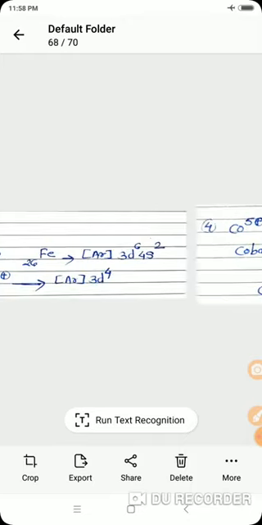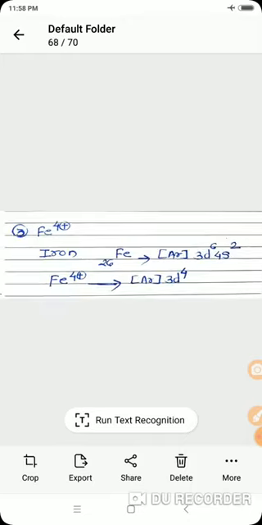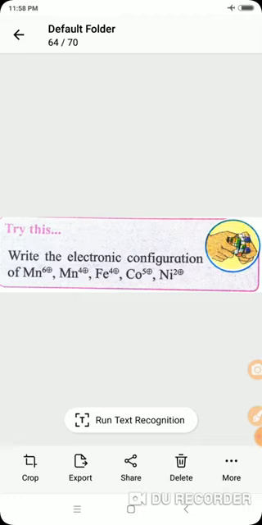So in this way, today we studied the electronic configuration of the various ions of the 3d series elements, and we know how the ions are formed. The ions are formed by removing electrons, or by the loss of electrons from the valence shell orbitals, that is 3d and 4s. When there is a loss of one electron, one positive charge is developed.